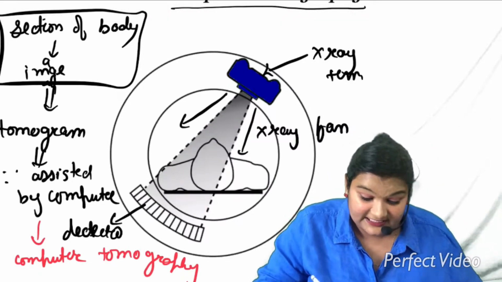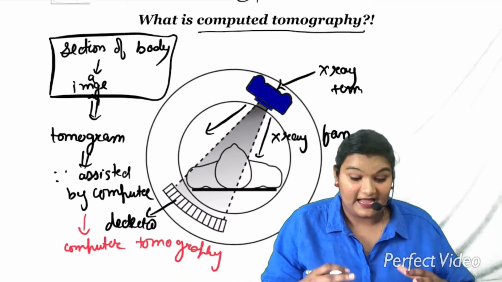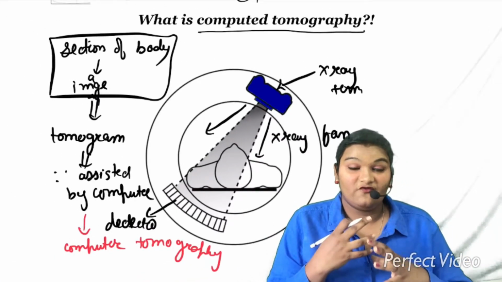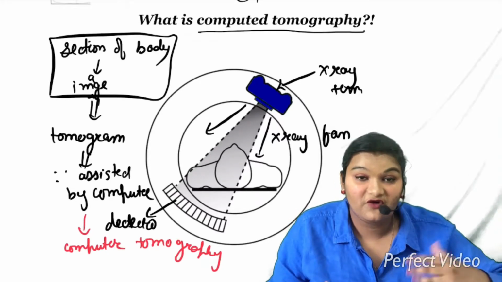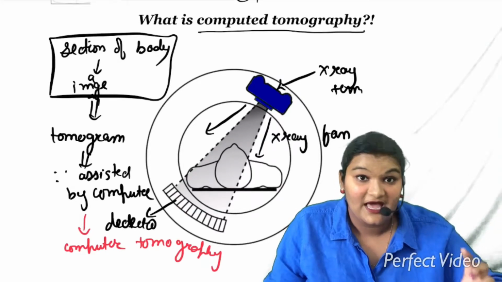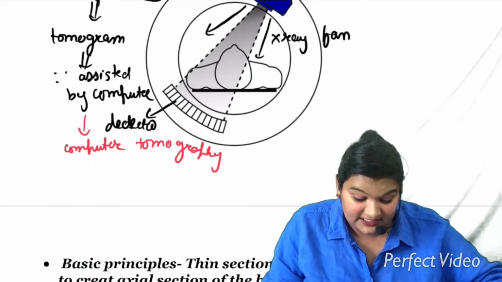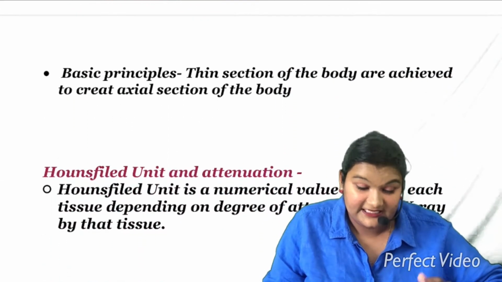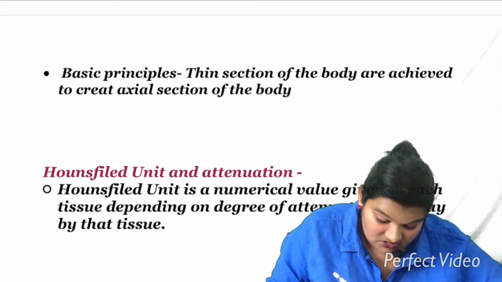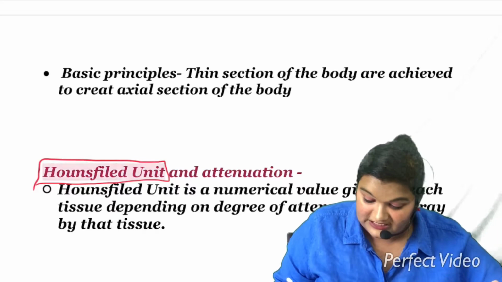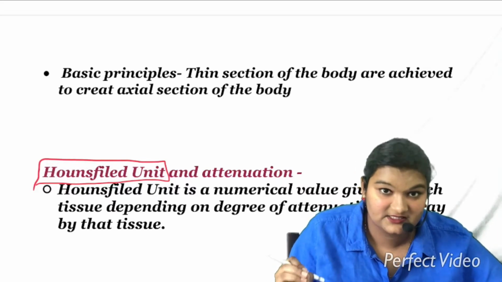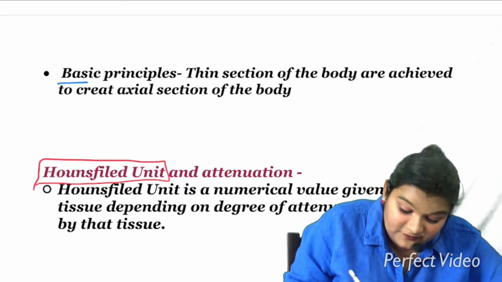Now the degree of white or black, the degree of black and white in the CT scan, you define it in a particular unit, and that unit is named after the inventor of the CT scan, the Hounsfield unit. Okay, before moving towards the Hounsfield unit, let us just read a sentence about the basic principle of CT scan.